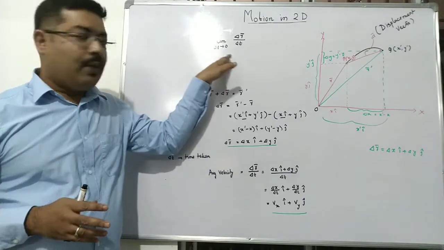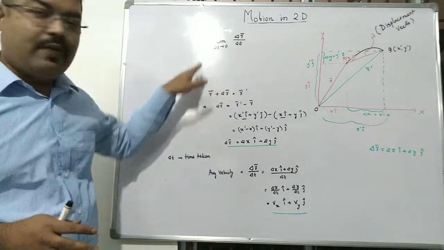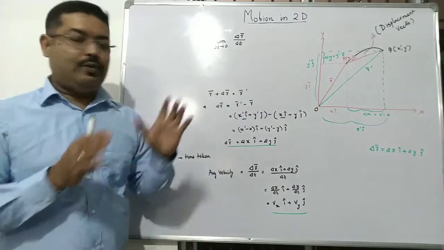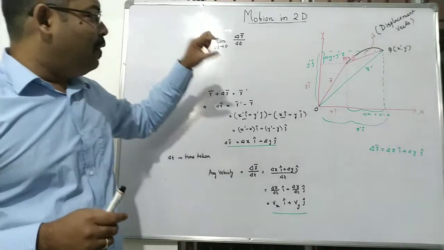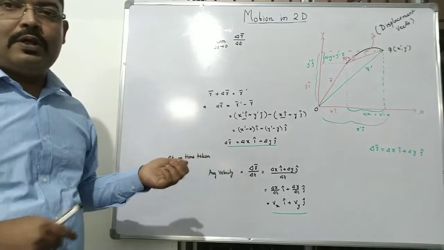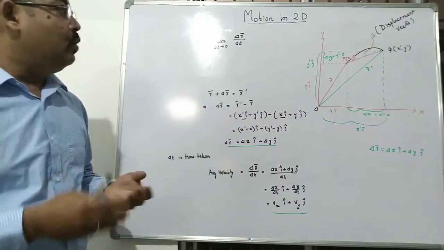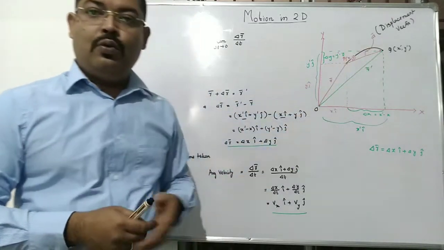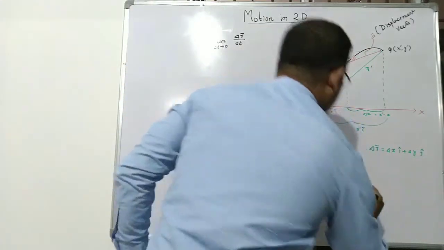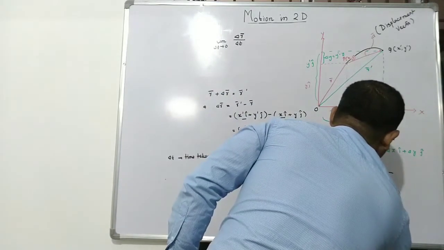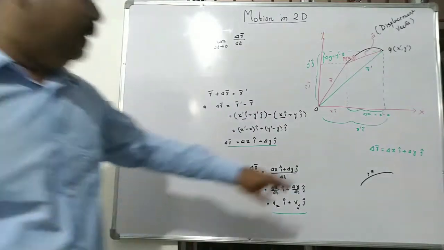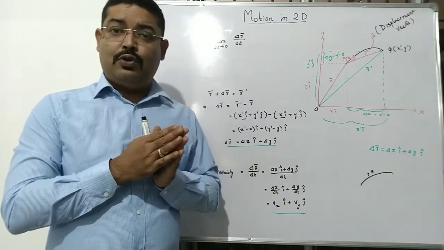In the mathematics class we will explain limits in detail, so we are not going into the details of limits. But when delta t becomes so small that it is virtually impossible to distinguish it from 0, point P and Q will be so close to each other that it appears as if P and Q are at the same point. They are not actually at the same point, they are very close to each other.